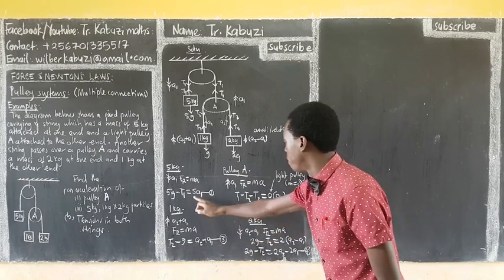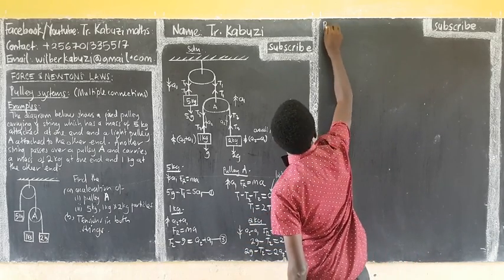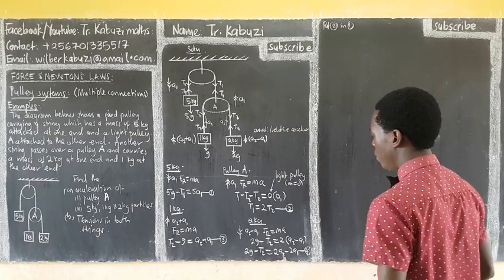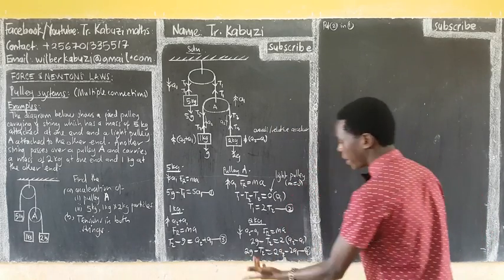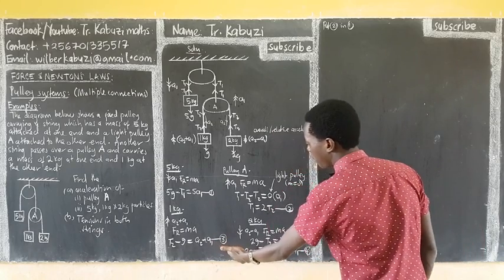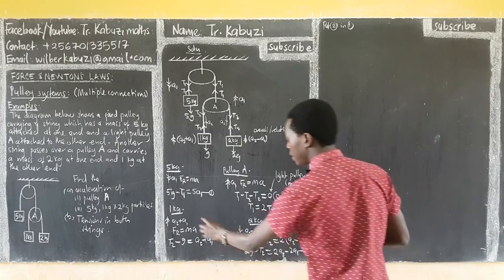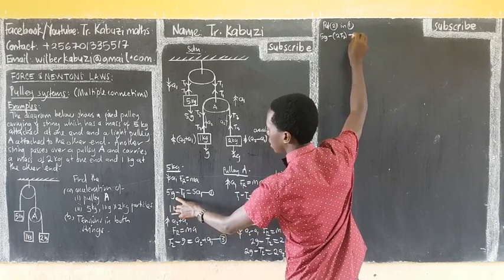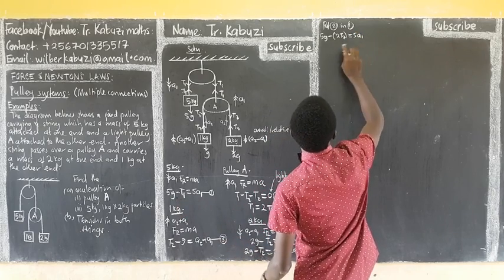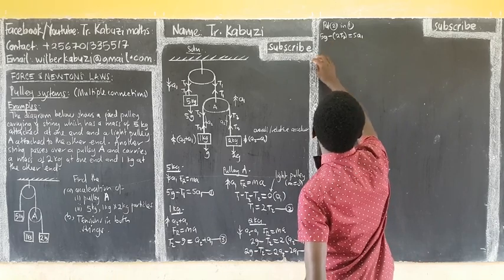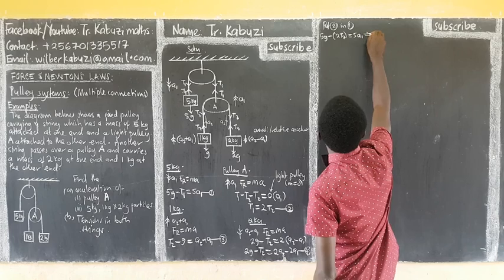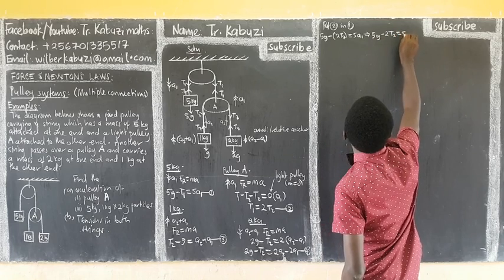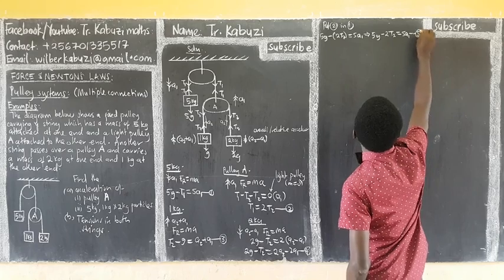So if I put 2 in 1, we are going to be having 5g minus 2T2 equaling to 5a1, and we call this one equation 5.